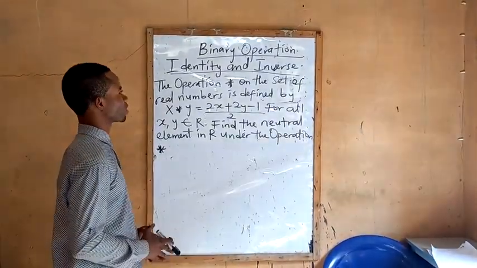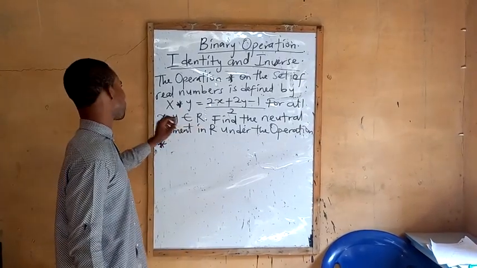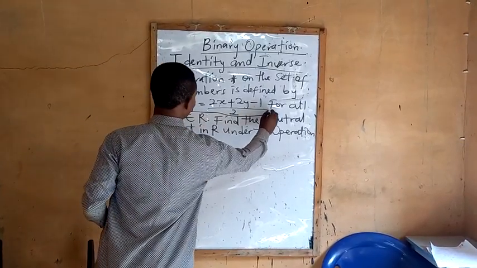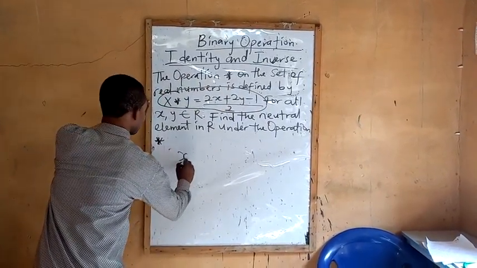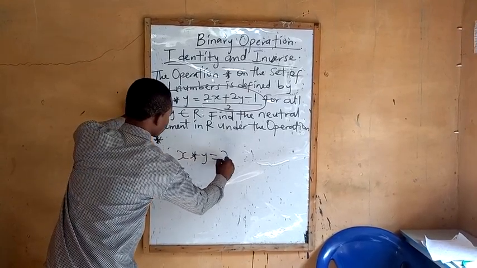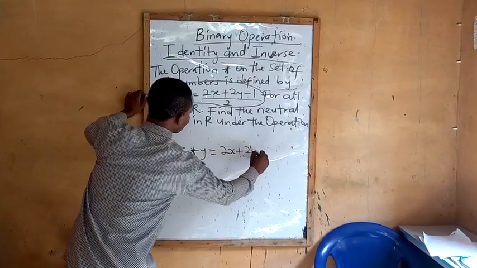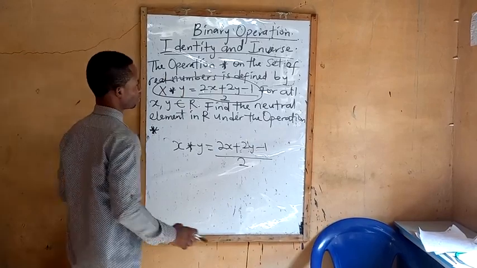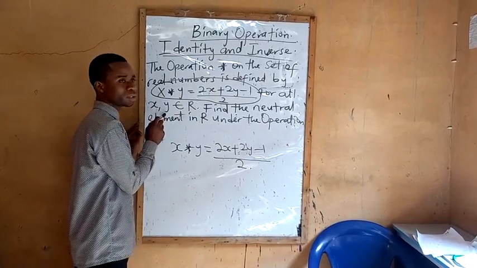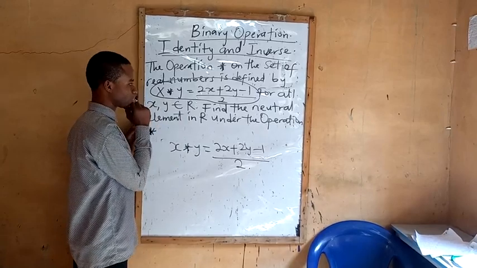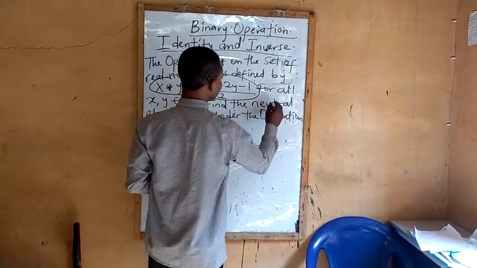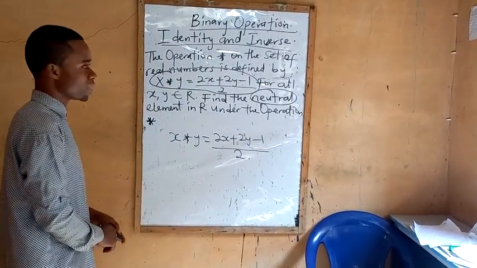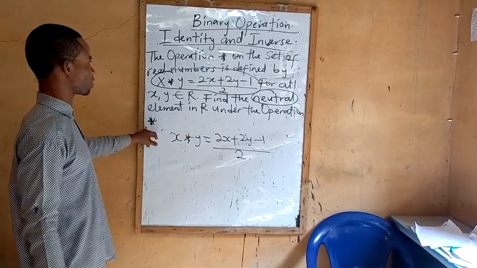They said the operation asterisk on the set of real numbers is defined by x asterisk y equals 2x plus 2y minus 1 all over 2, for all x, y elements of R. Find the neutral element, which is also called the identity, our E in R under the operation of this asterisk.